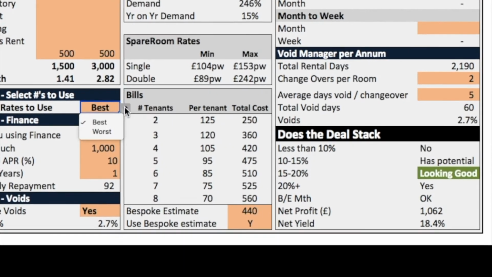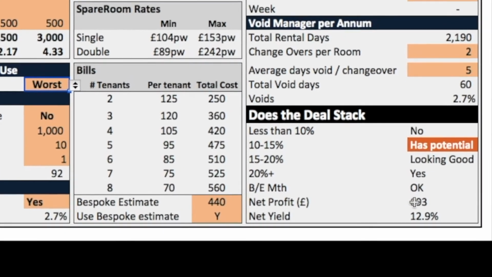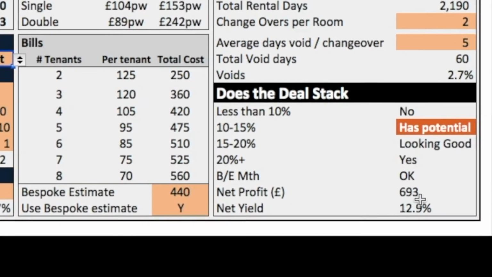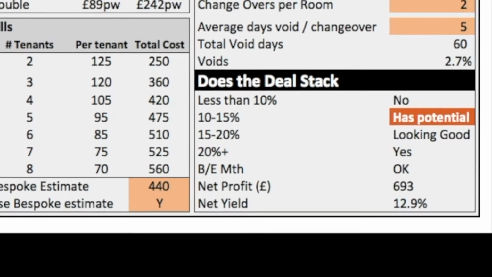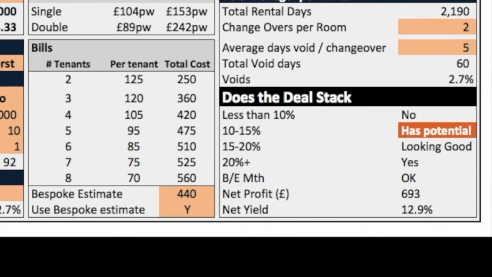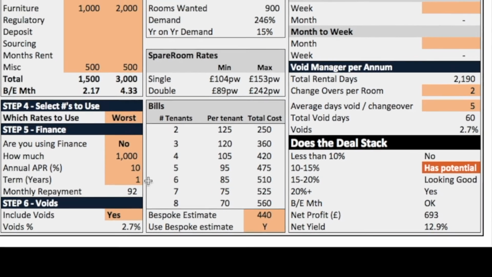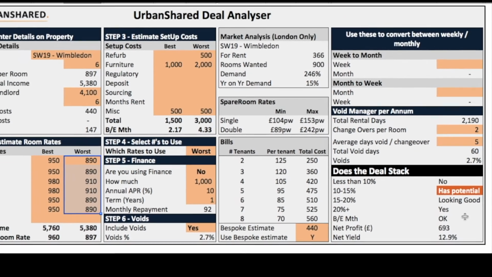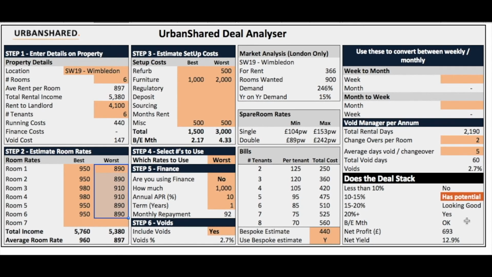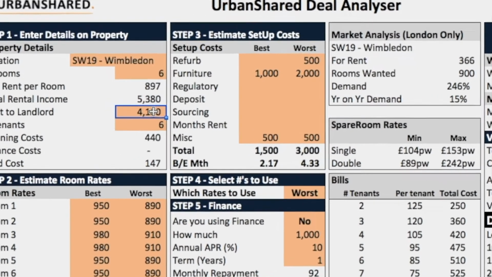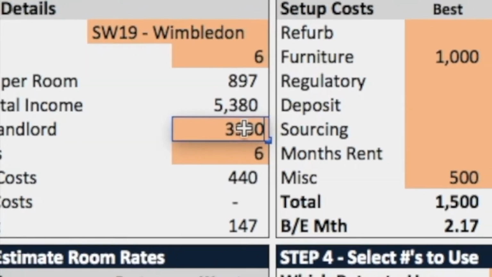Our worst case estimates, however, we would still be a little bit nervous about doing this deal, because if we were only able to get that level of rent, we wouldn't be hitting the numbers that we forecasted. Although we were quite bullish on this because it was a good property in a good location, we were thinking we'd be looking at best case scenarios. We went back and we agreed that price with the landlord.